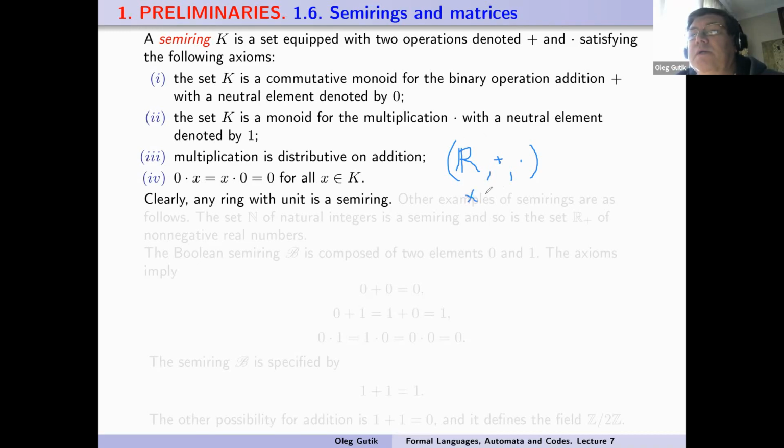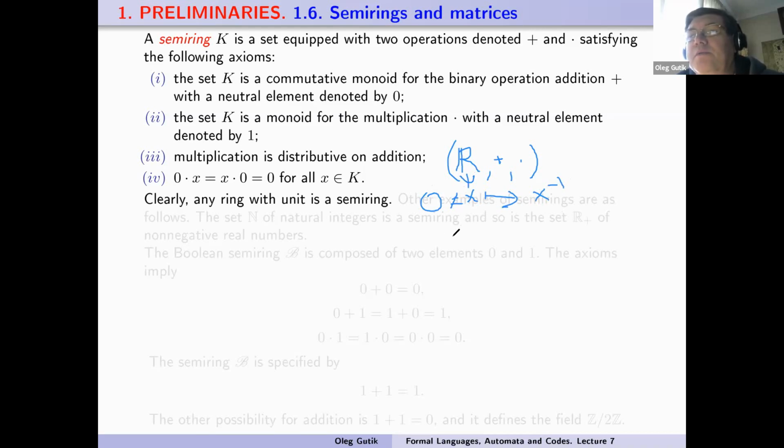So for any x from R there exists a unique inverse element, only for elements which are distinct from 0.